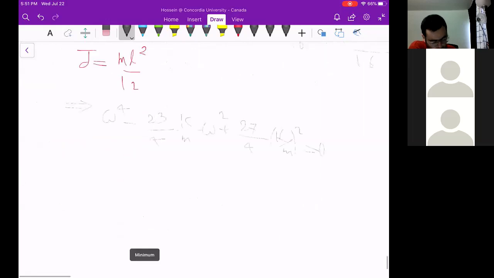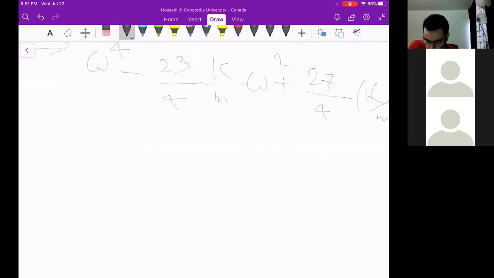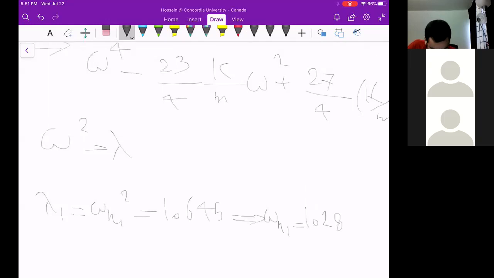Therefore, for the natural frequency, we could say omega squared is lambda. Lambda 1 is omega n1 squared, 1.645. Therefore, the first natural frequency is going to be 1.2826 square root of k over m.